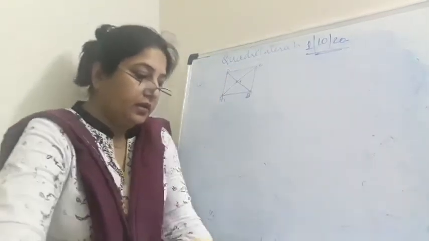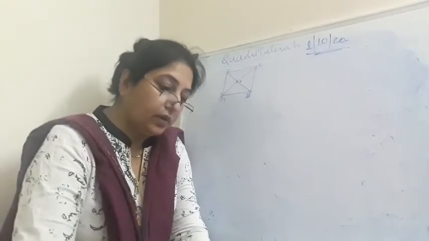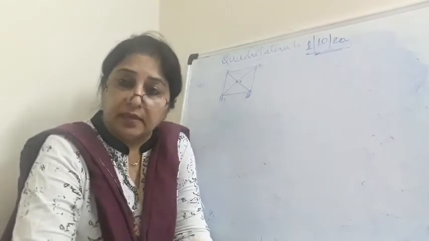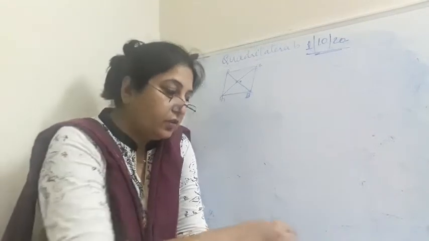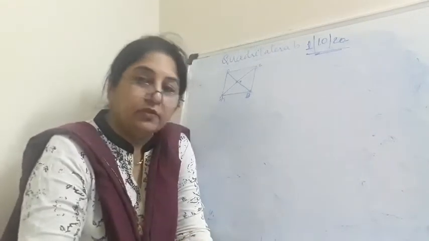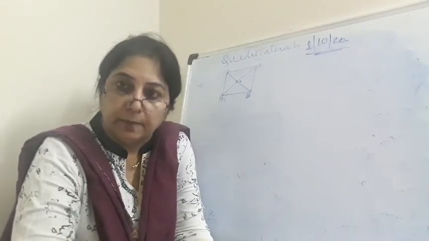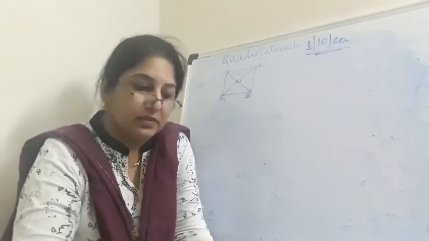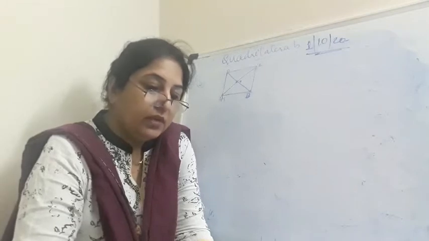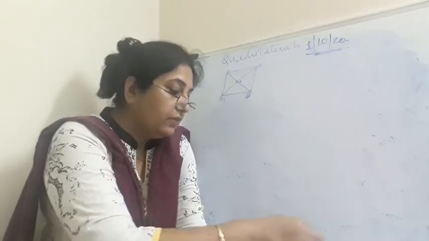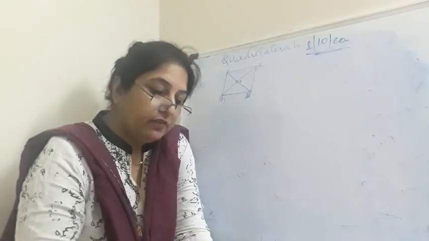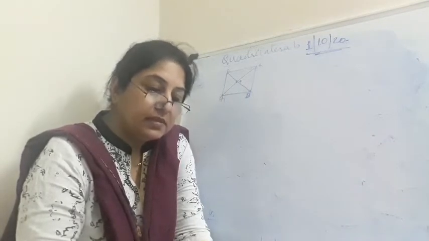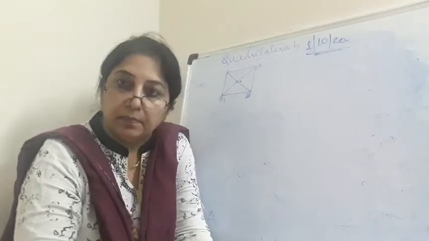You can read that if the diagonals of the quadrilateral bisect each other at right angles, then it is a rhombus. Now children, to prove that it is a rhombus, we have to show that all the four sides are equal. This property you have studied in your previous class. Now we will consider two triangles in such a way that we will first prove that ABCD is a parallelogram.